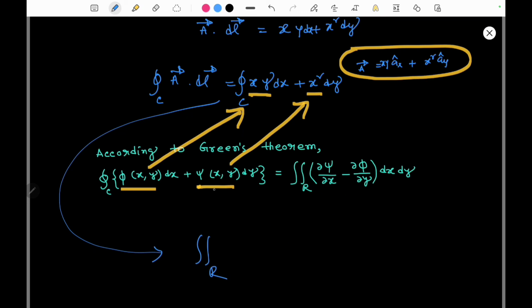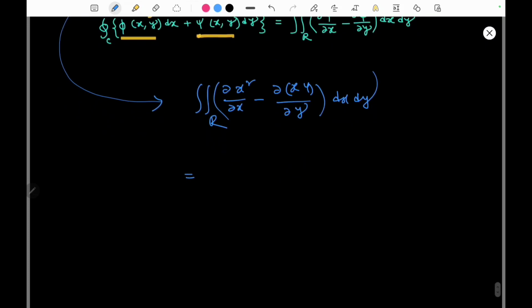So this is psi, del x square by del x, minus, and this is phi, del xy by del y, and whole dx dy.